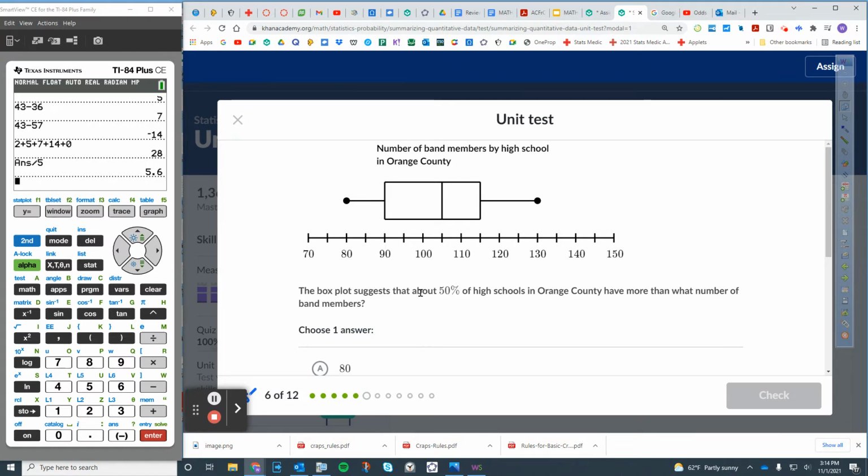The box suggests that about 50%, which is right here in the middle of the box plot at 105, have more than what number of band members? So 50% have more than what number?